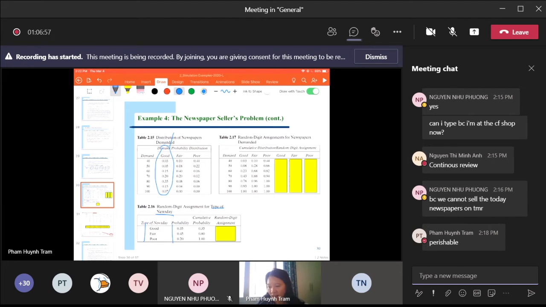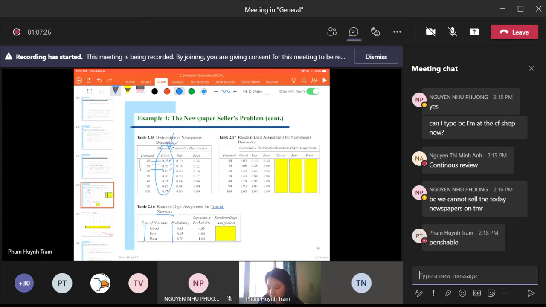So there is a 3% probability that we can sell the newspaper to 40 customers, 5% that we can sell to 50 customers, 15% that we can sell to 60 customers, and so on. So the demand varies from 40 to 100.